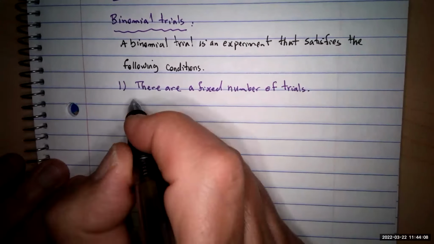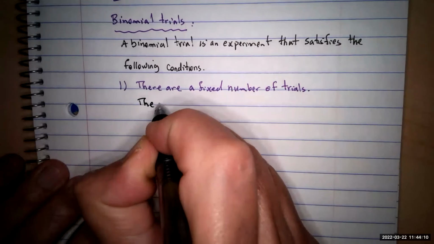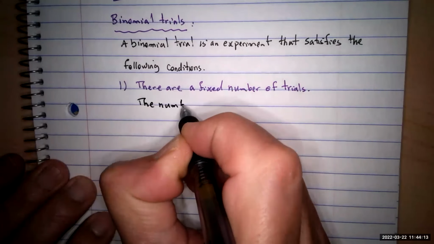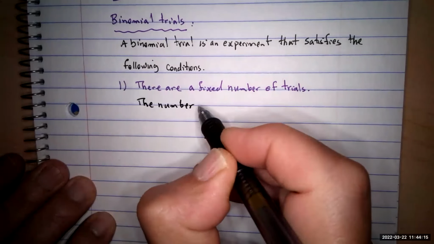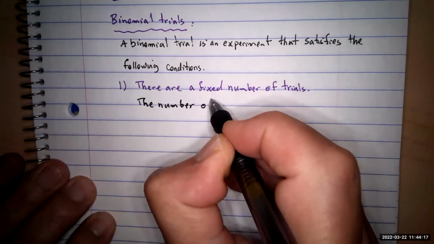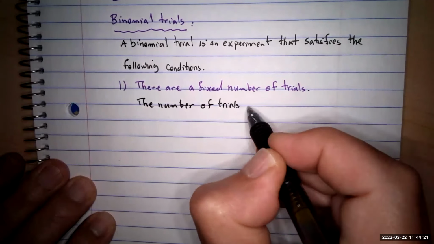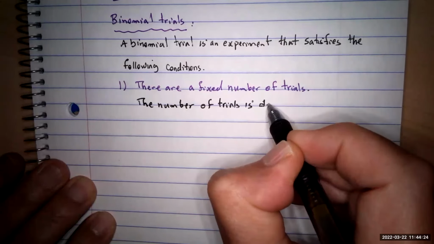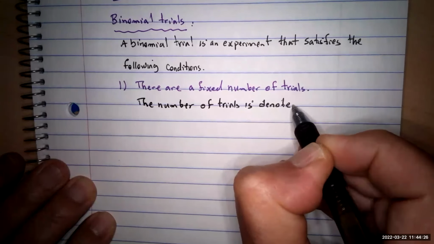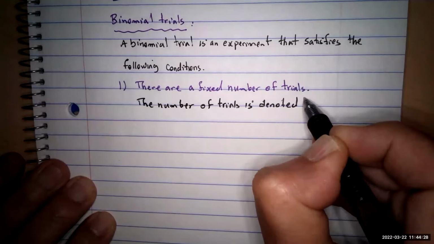The number of trials is very important. Especially when you use your calculator, this is the notation you use: the number of tries or repetitions is denoted by n.